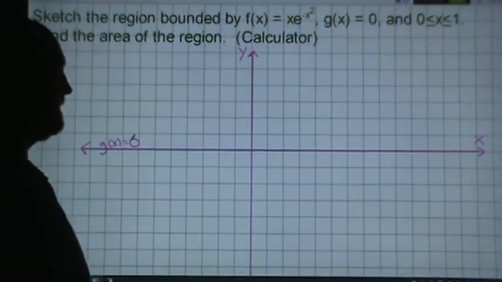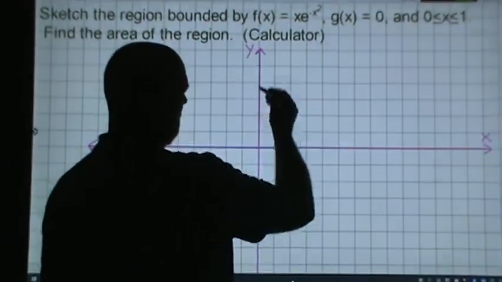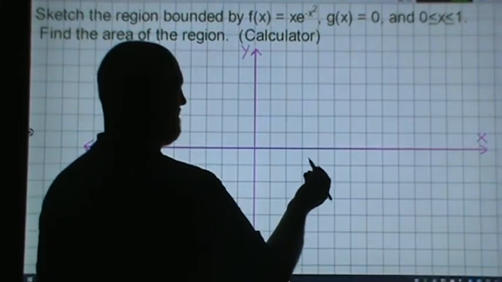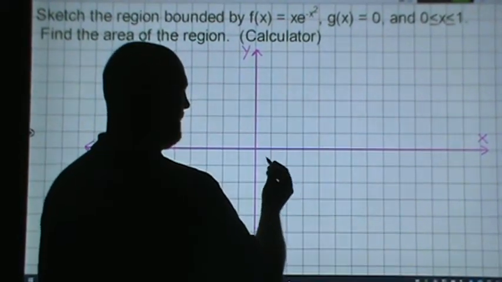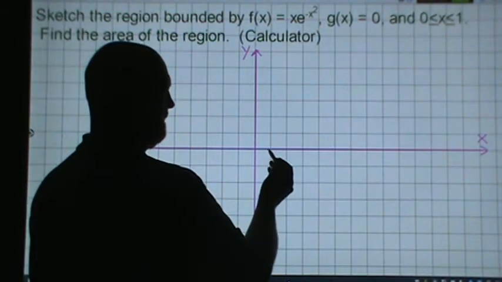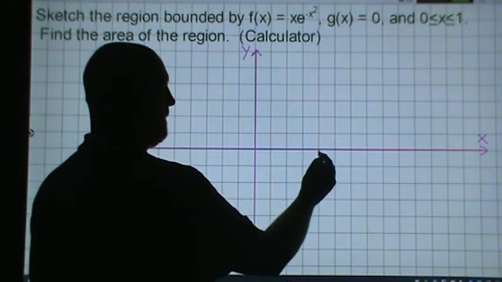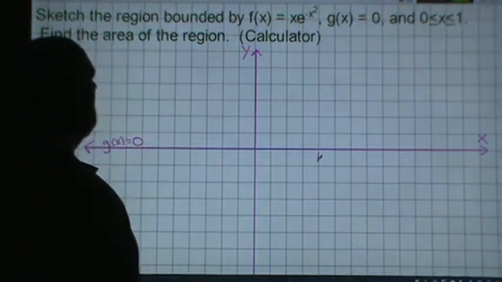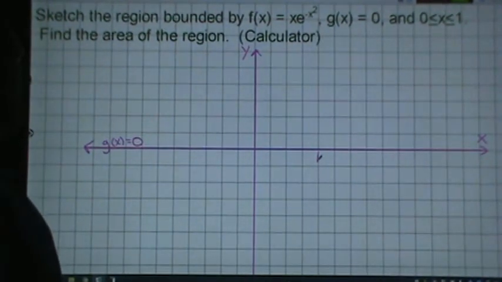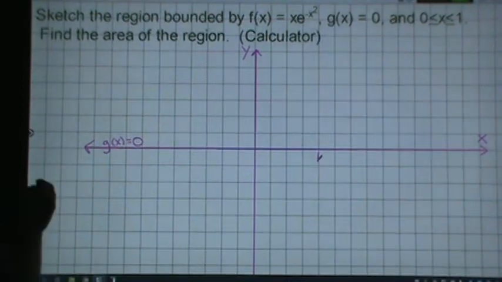X can only go from 0 to 1, so we're going to go from the y-axis to 1. I guess to take advantage of the space, we could put 1 out a little ways. So we're going to have maybe 0, 1/4, 1/2, 3/4, 1. That would make sense. We have no idea as to what our y values are right now, so perhaps we should calculate some of those.